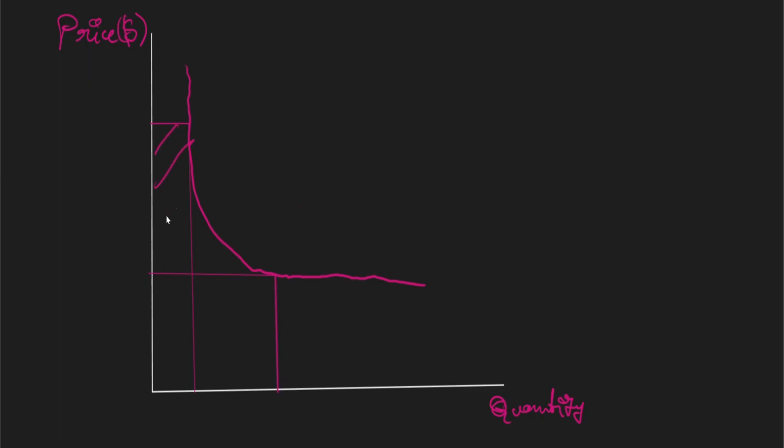So this area right here should equal this area right here. It'll always be equal because that's your total revenue. So remember, revenue is constant in unitary elasticity. So that's how your graphs are going to look.